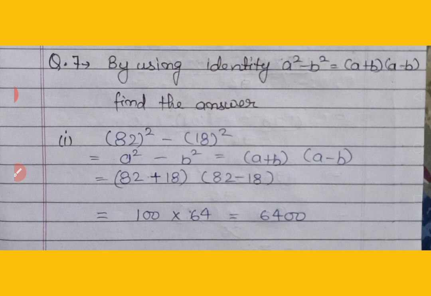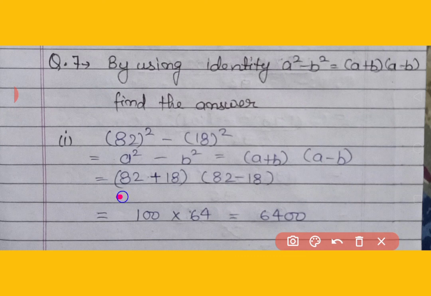Next, by using the identity a square minus b square is equal to (a plus b) in the first bracket and (a minus b) in the second bracket, find the answer. It has given 82 square minus 18 square. It is very easy: if numbers are given in the form of a square minus b square, then we can write in the first bracket a plus b and in the second bracket a minus b.